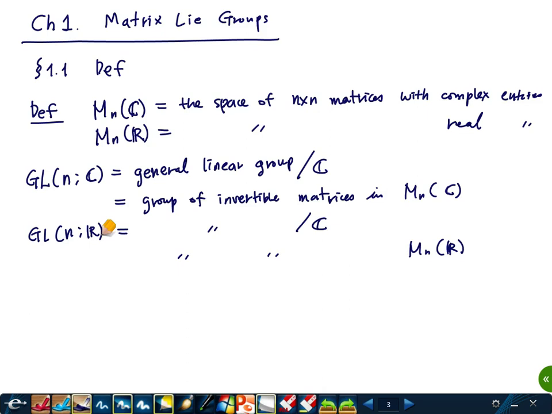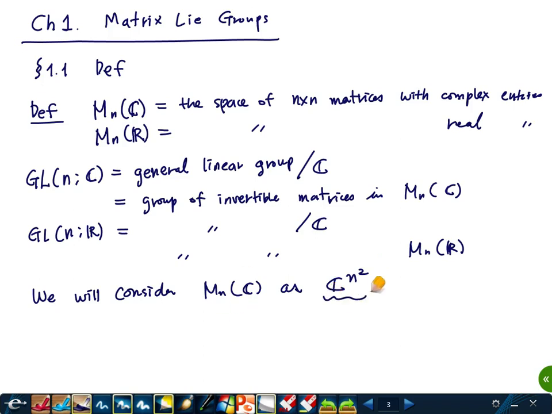Because an n by n matrix has n squared entries, we can think of these as a usual vector space, like M n C as C to the n squared, because there are just n squared entries.